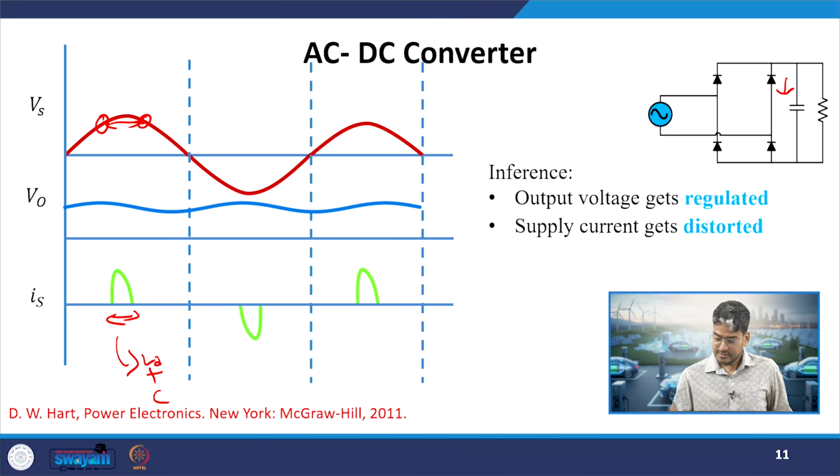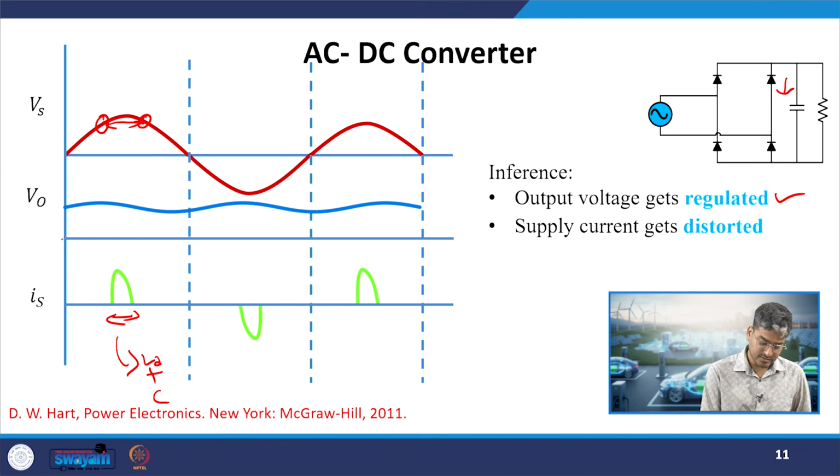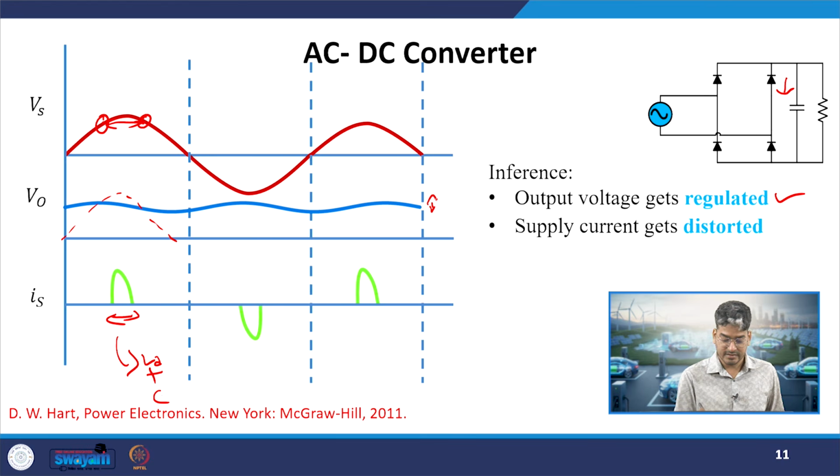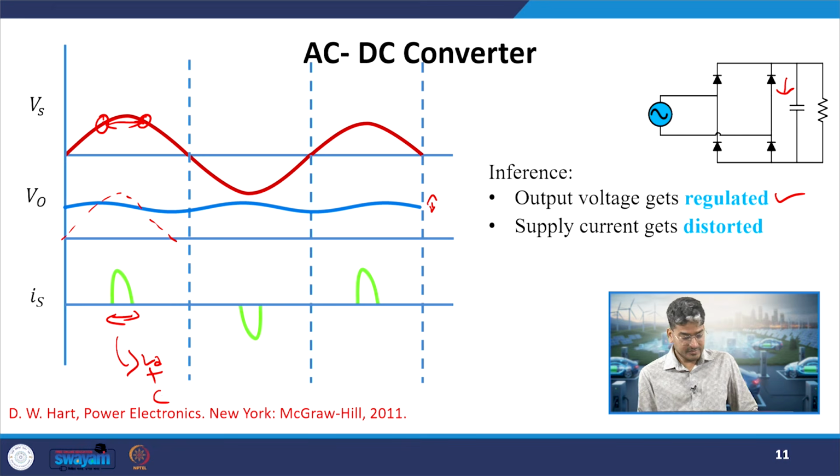Okay. So, here advantage wise, now your output voltage can get regulated. Okay. Why? Because in the previous case it was having a sinusoidal voltage. Now, in this case, because of the presence of the capacitor, the distortion has become less. If I calculate the percentage of ripple in the previous case and in this case, obviously the ripple percentage is very less, because it is subject to the variation in the capacitor voltage only.